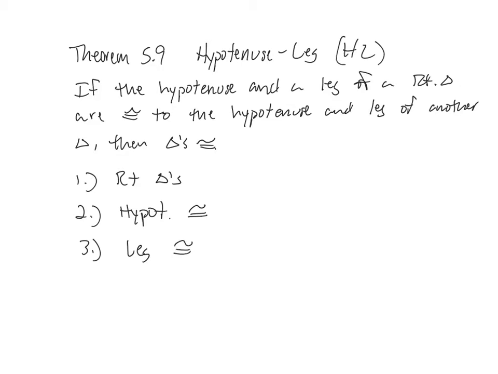And this one can be kind of tricky at times, and I'll show you what I mean by that. So to use HL, I have to have right triangles, the hypotenuse congruent, and a leg congruent. It's kind of a different picture.